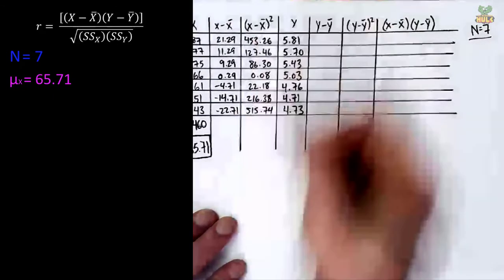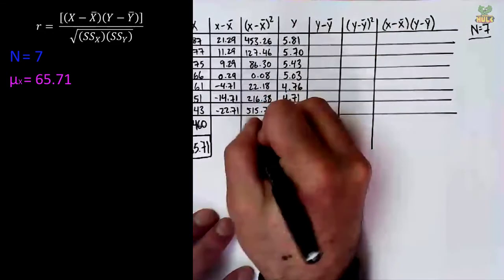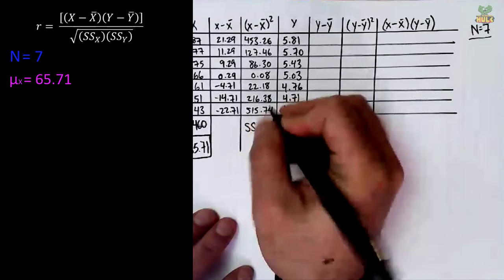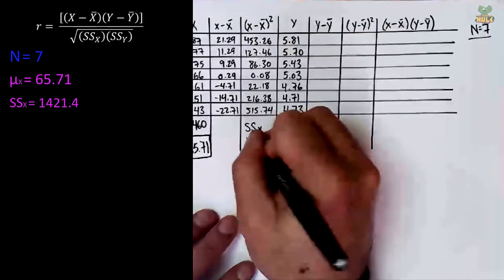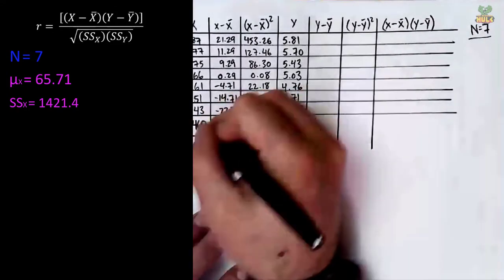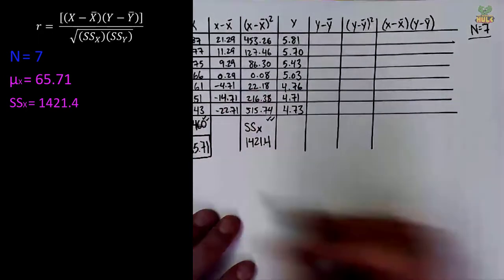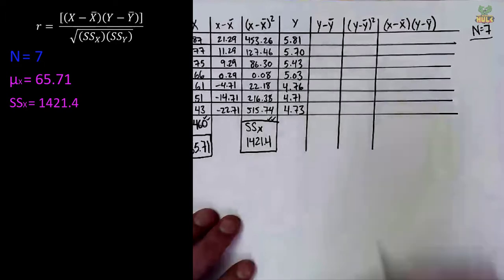All right, so we finished all that. These are our squared deviations, which means this is sum of squares x. All right, so if we add all of that up, we're going to get 1421.4. Always add it up twice. I've done that already, so I know. That's why I put these double checks there. All right, and now we have another one of our important numbers.